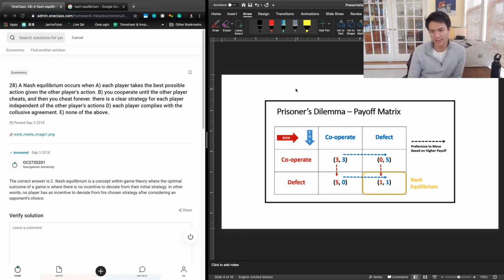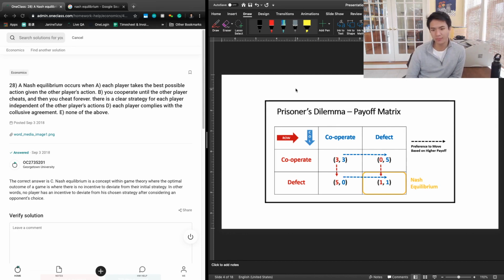So the prisoner's dilemma says, you and a friend commit a crime and you both get arrested for it. And so you're put into separate interrogation rooms and you're both given a choice to either cooperate with the police, and you can basically tattle on your friend who also committed the crime with you, and you say exactly what you guys did.